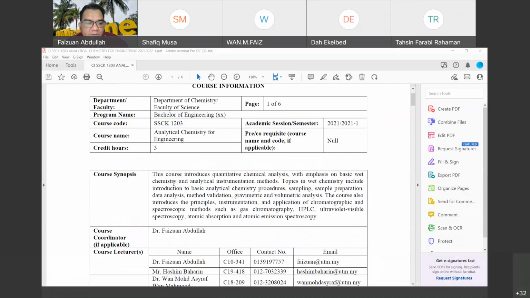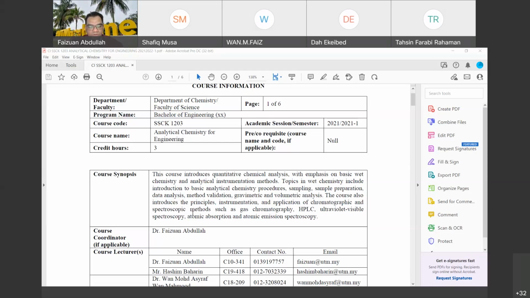The course information. This course introduces quantitative chemical analysis with emphasis on basic wet chemistry and analytical instrumentation methods. Topics in wet chemistry include introduction to basic analytical chemistry procedures, sampling, sample preparation, including sample preservation, data analysis, method validation, gravimetric and volumetric analysis.